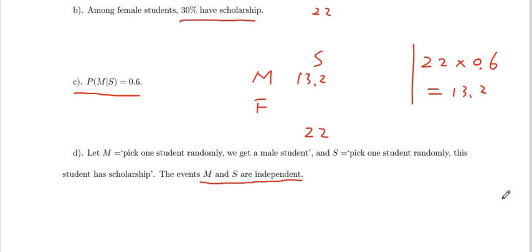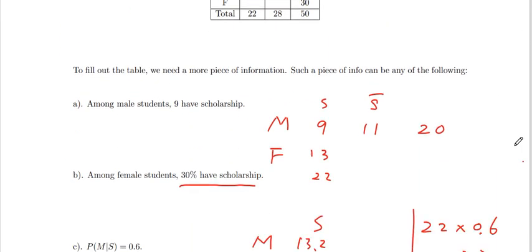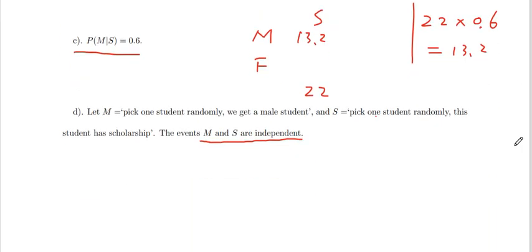Independent means, let's say, gender and scholarship. The probability of male getting a scholarship, and totally scholarship.